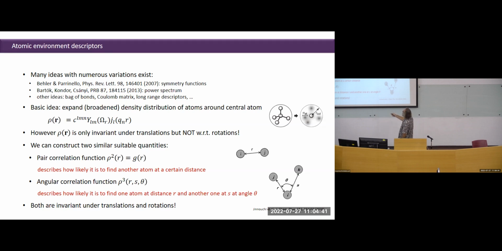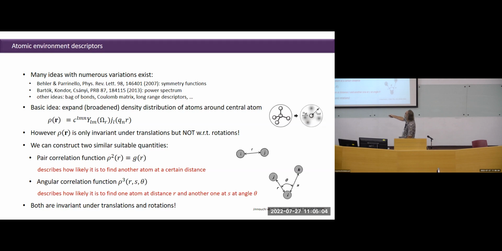And when I say density distribution, this does not mean electronic density, right? Now we are talking about ions, but we broaden them with Gaussians, so we get a density distribution of atoms. Otherwise, we would have a set of delta peaks, which is more difficult to expand.